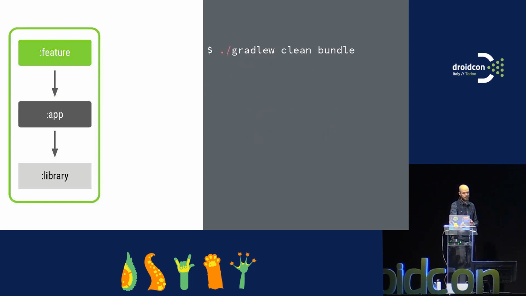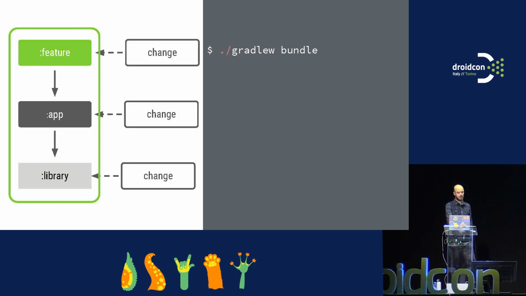There's but one massive caveat on that. So let's take a look at what I mean here. So let's first clean everything, and then we bundle everything. So that means everything has to be recompiled as we would expect it to be. Then we introduce a change in the library. Or let's introduce a change in the application. Everything has to be recompiled as we expected.